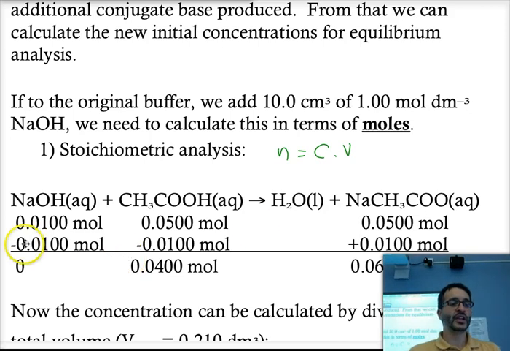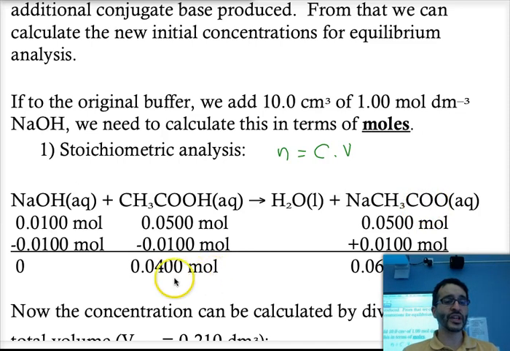The reaction takes place. We're going to consume all of the limiting reagent, in this case the sodium hydroxide, and that's going to consume some of the acid, but it's going to produce some more sodium ethanoate. We don't worry about producing water because that's not relevant to our calculation.